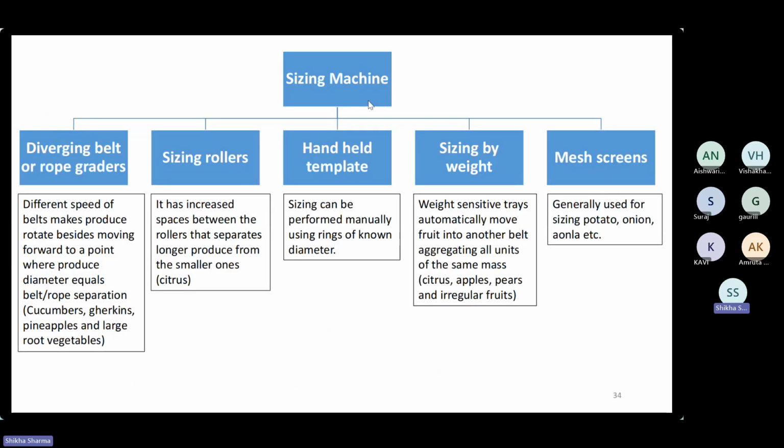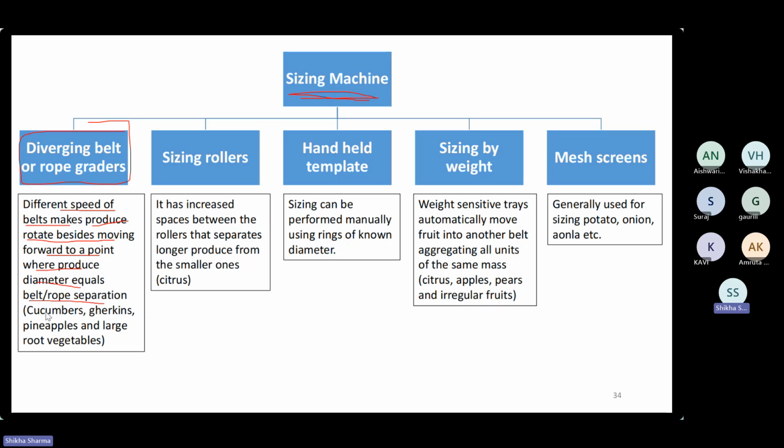We also have different sizing machines like diverging belts or ropes, graders, which have different speeds of the belt, which make produce rotate besides moving forward to a point where the produce diameter equals the belt and rope separation.